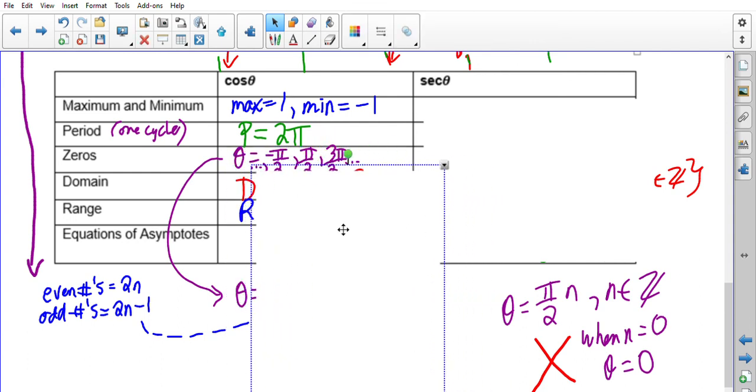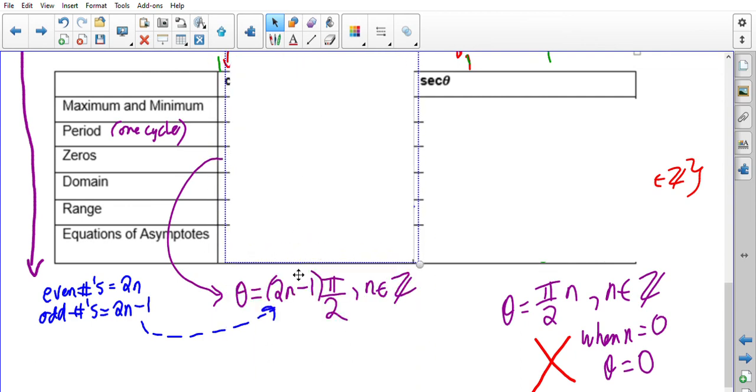Let me put it here at the bottom in purple. I'm going to say theta equals 2n minus 1, which is odd integers, times pi over 2, and n is an element of integers.